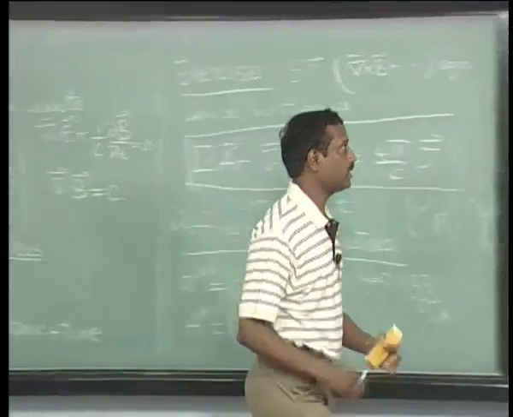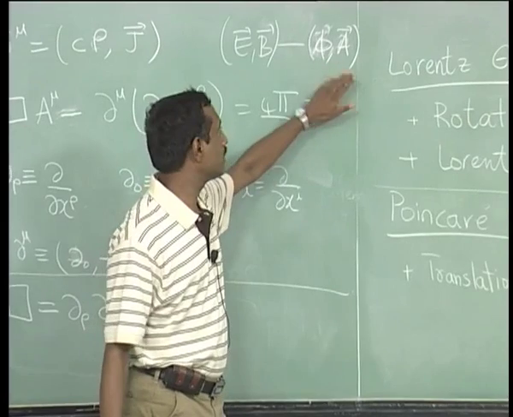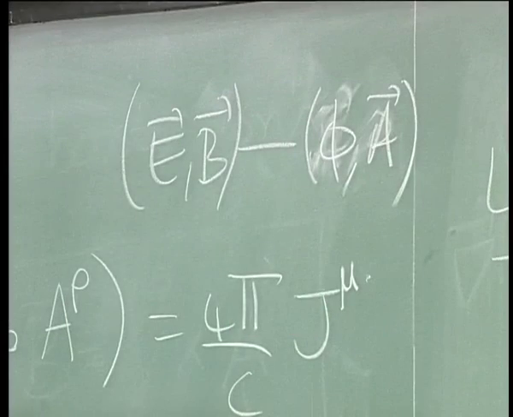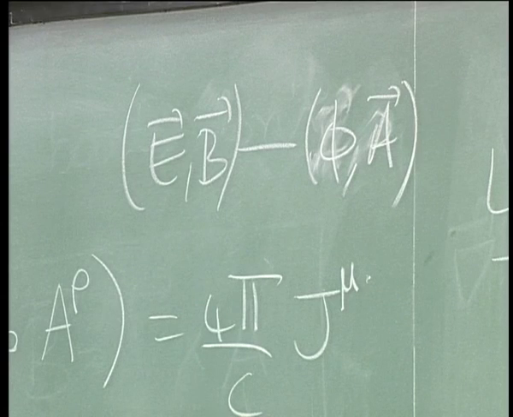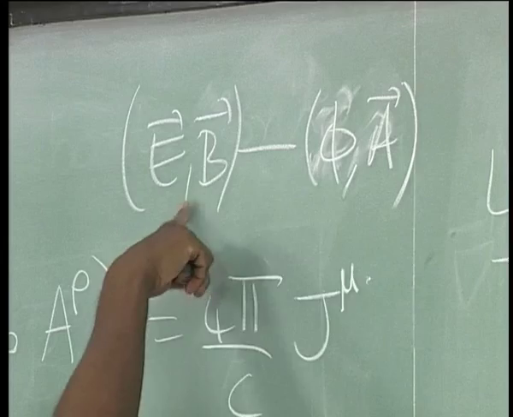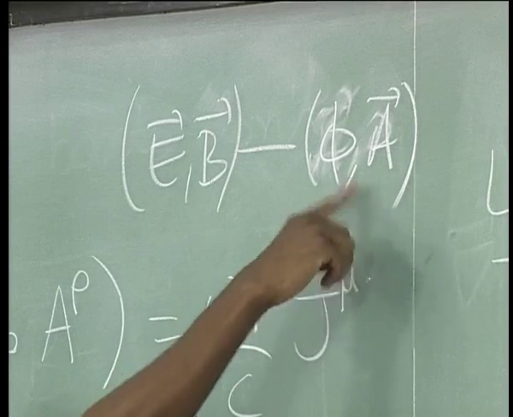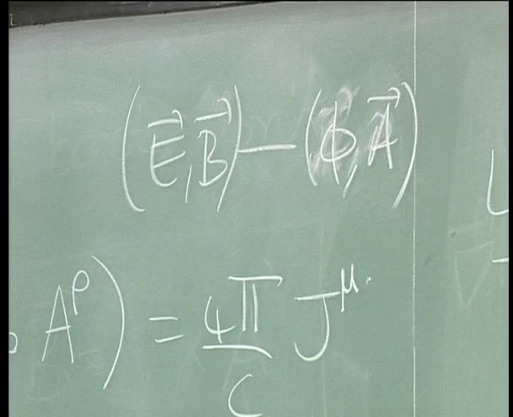The phi and A are not unique. I would ask you to play with it and see what is the freedom that you have. It does not matter which, there are inequivalent phi and A's, rather equivalent phi and A's which will give the same E and B, because those are the physical observables.